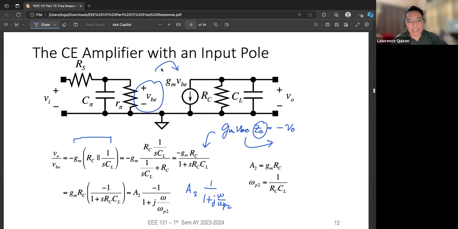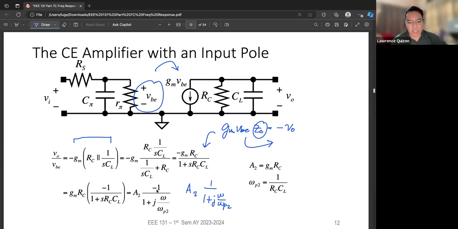Why? Because the latter half does not involve an extra capacitance. So it basically becomes the circuit with an output pole that we had earlier. So its gain is gmRC and its pole is 1 over RCCL. We basically could have used what we solved for before.